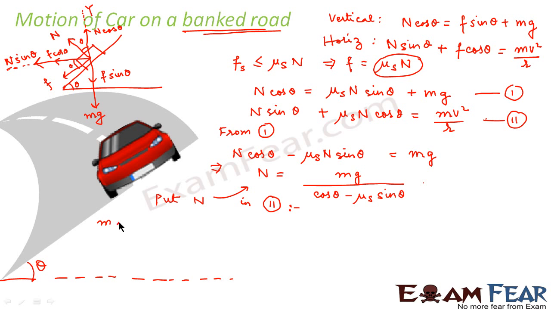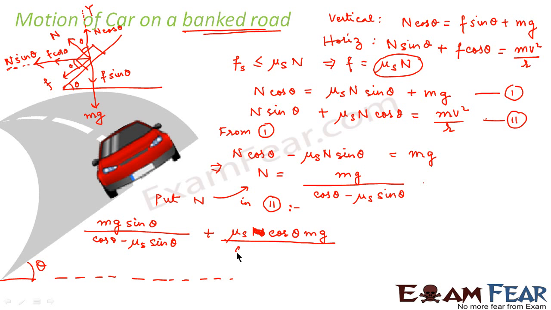We get mg sin theta divided by cos theta minus mu s sin theta plus mu s cos theta times N. I'm sorry, here also you have to put the value of N, which is mg divided by cos theta minus mu s sin theta. This is equal to mv square by r.